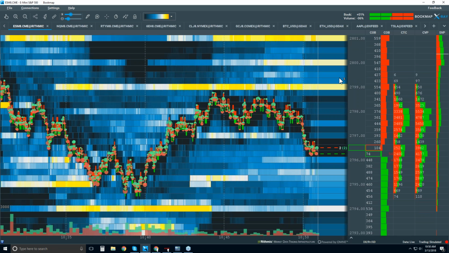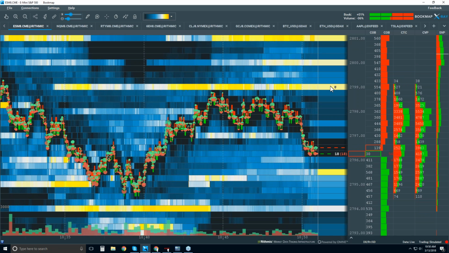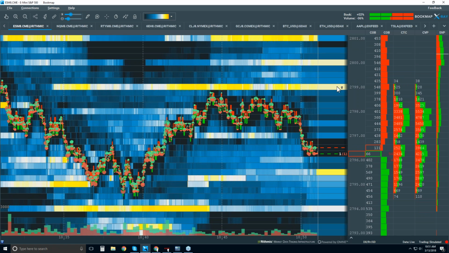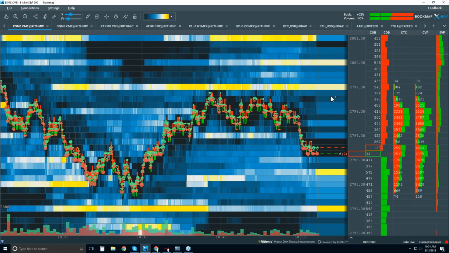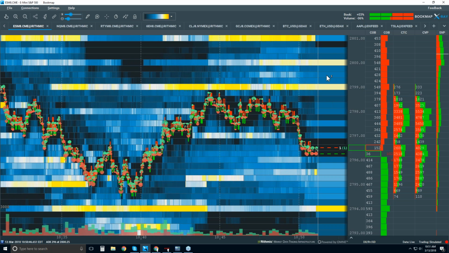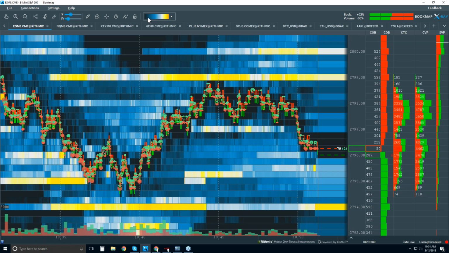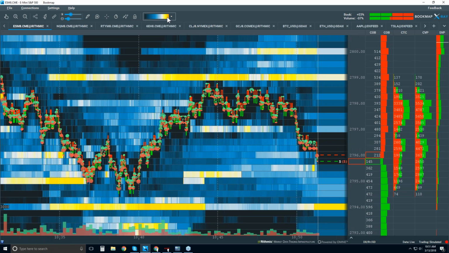Okay, what we do in Bookmap is we take that current data here, these numeric values, and we give them a graphical representation here in this current market window. So areas of high liquidity are painted bright orange. The scale is actually over here. Black is the least amount of liquidity, and all the way up to bright orange is the most liquidity.